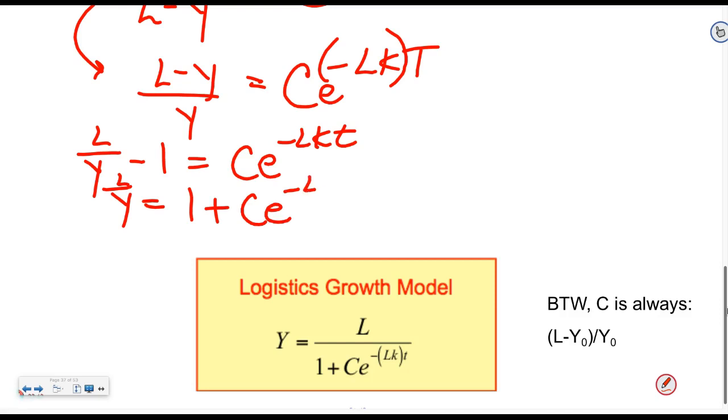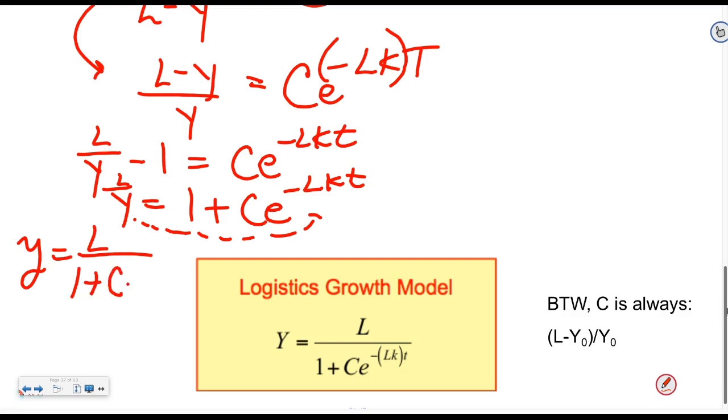Hello, denominator of the solution in the yellow box. Correct? Now what? You could picture multiplying by y and bringing it over here, and then dividing, or it doesn't really matter. You could do cross multiplying, you could flip, but either way, your y is going to be L over 1 plus C e to the negative LKT, exactly what's in this box.